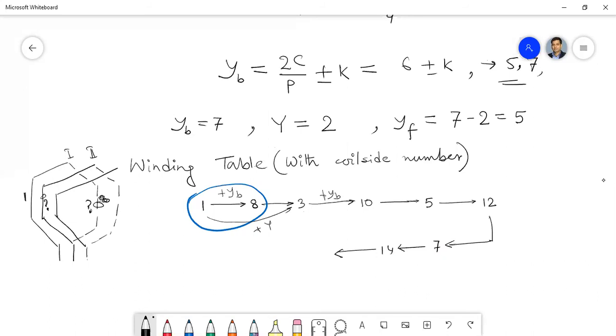Next 9, 16, 11, 18, then 13, 13 plus 7, 20, 15, 15 plus 7, 22, 17, 17 plus 7, 24.